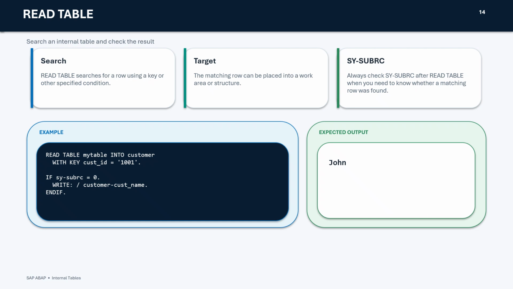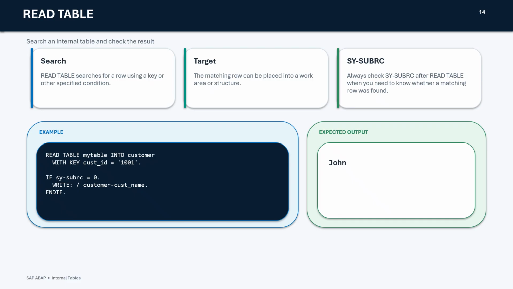You write READ TABLE my_table INTO the customer work area WITH KEY customer ID equal to 1001. Wherever that customer ID 1001 is, that record will be fetched and moved to the customer work area.